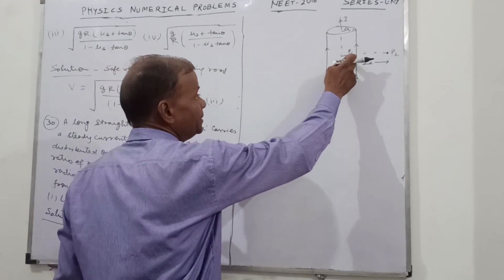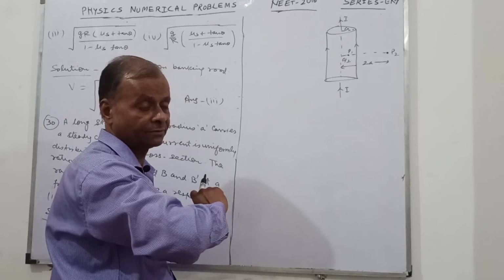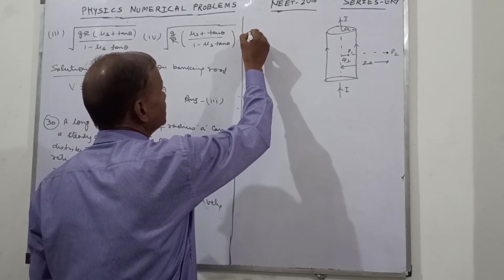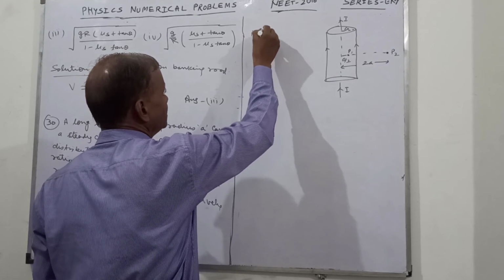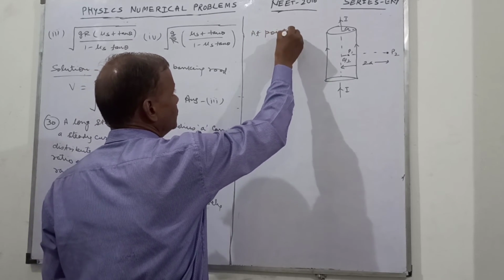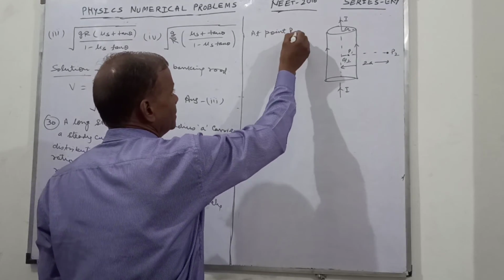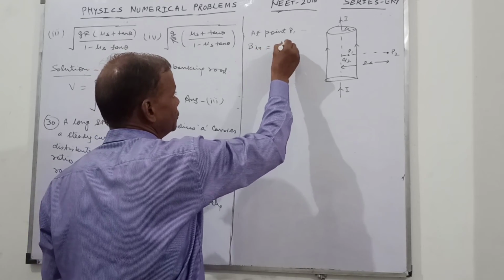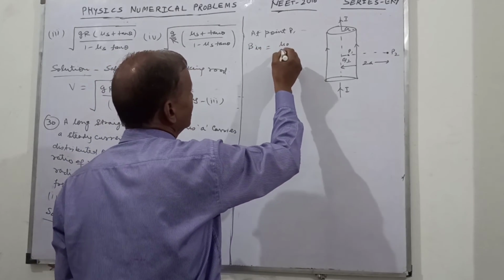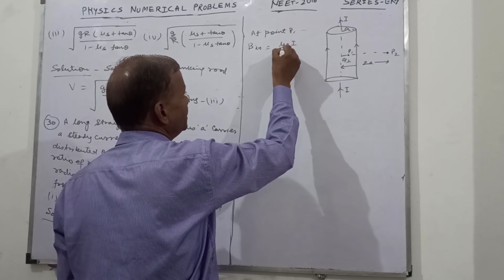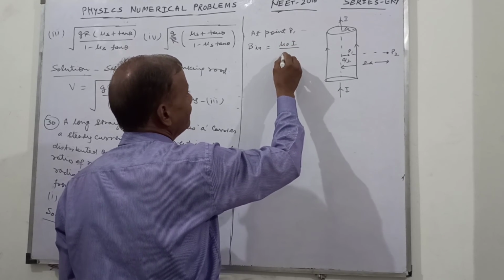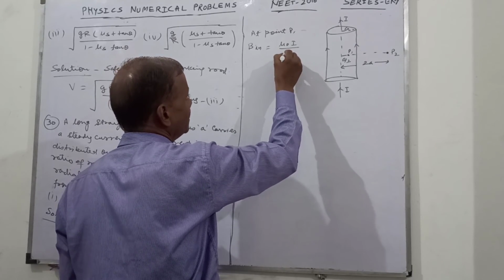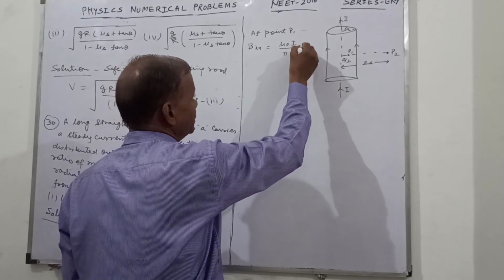So here this is B inside and this is now B outside. B inside at point P1 is equal to mu naught I upon pi r square into r.